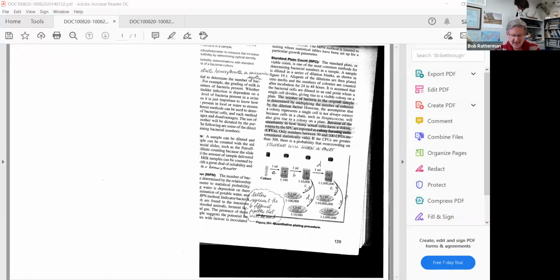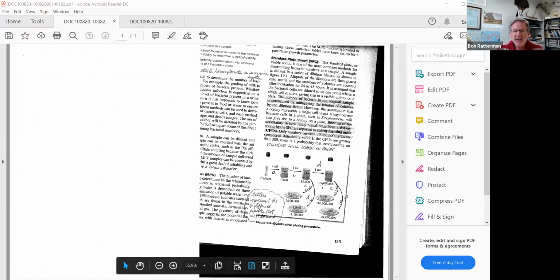Okay, let me share the screen here and reference that diagram, which I thought was going to be blown up. But anyway, I think we'll still be able to talk about this, and you can reference figure 19.1 of your book. So each student was given a broth culture of E. coli.